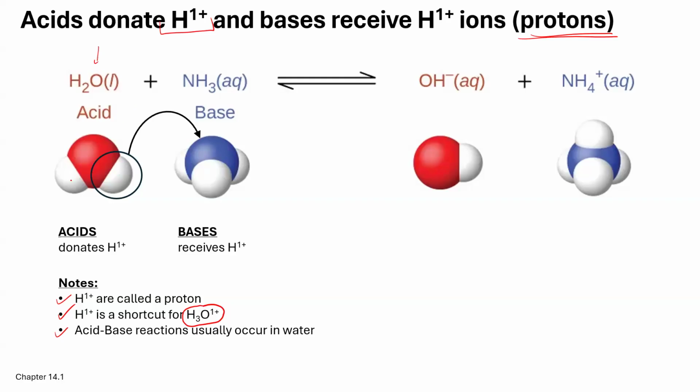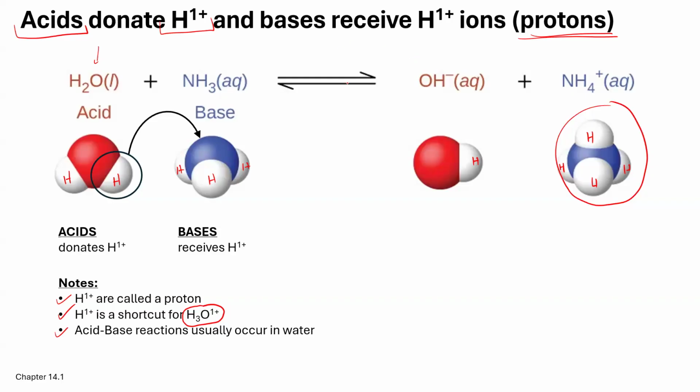If you look at these atoms here, the white ones are the hydrogens. I'll label all of them. What's happening here is that this hydrogen is transferring to the NH3. Acids donate, so this water donated a hydrogen to NH3, and NH3 received it and is now bound to it.